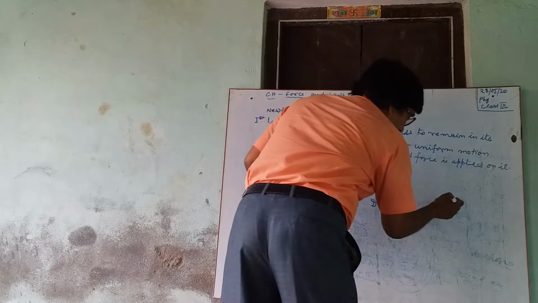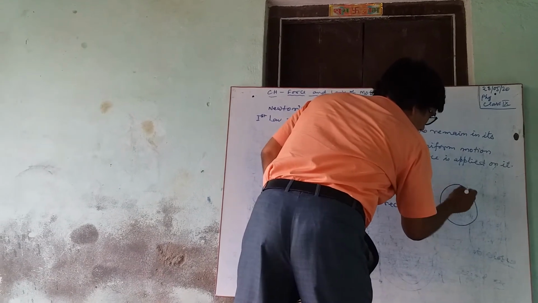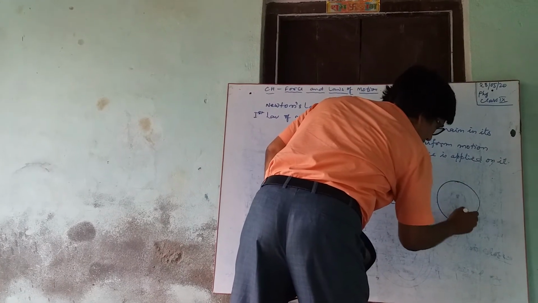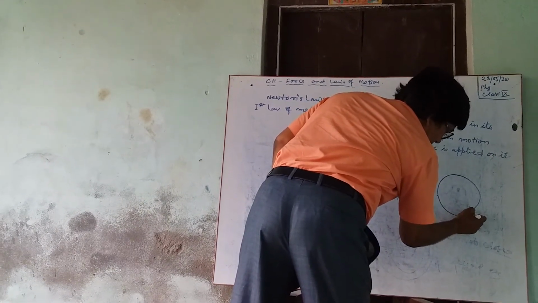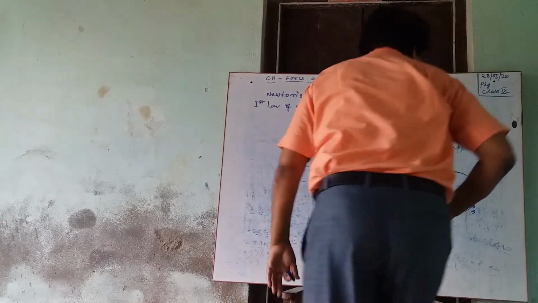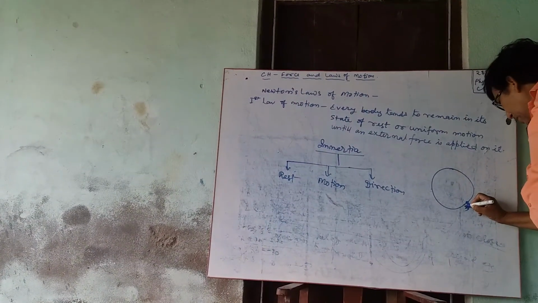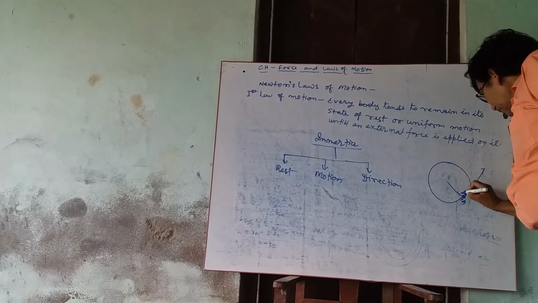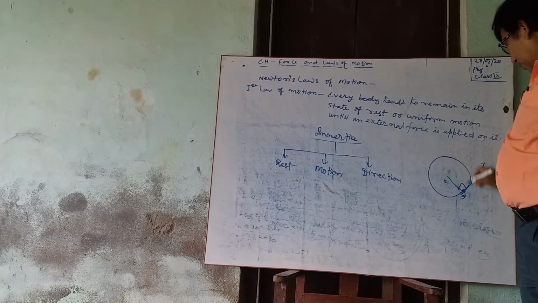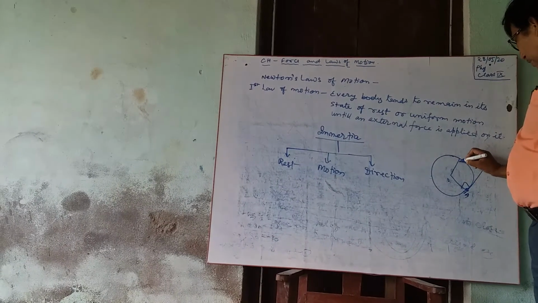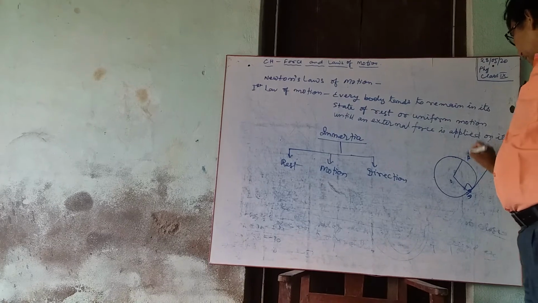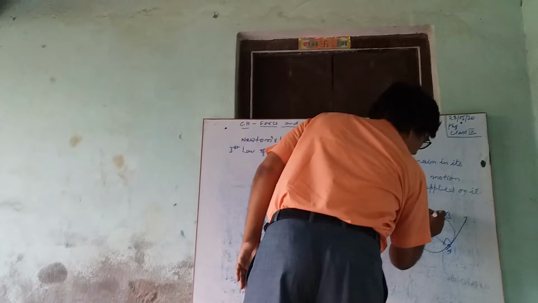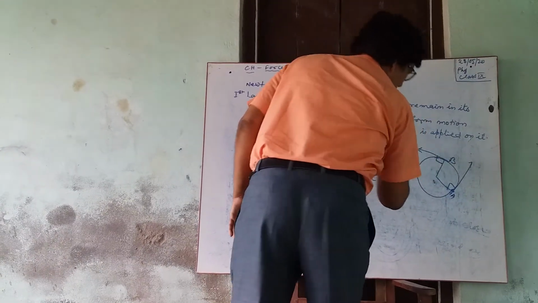For example, if a body is moving on a circular path, say it is at position A, at that time its direction of motion is along the tangent. If the body reaches B, then its direction of motion is again along the tangent.